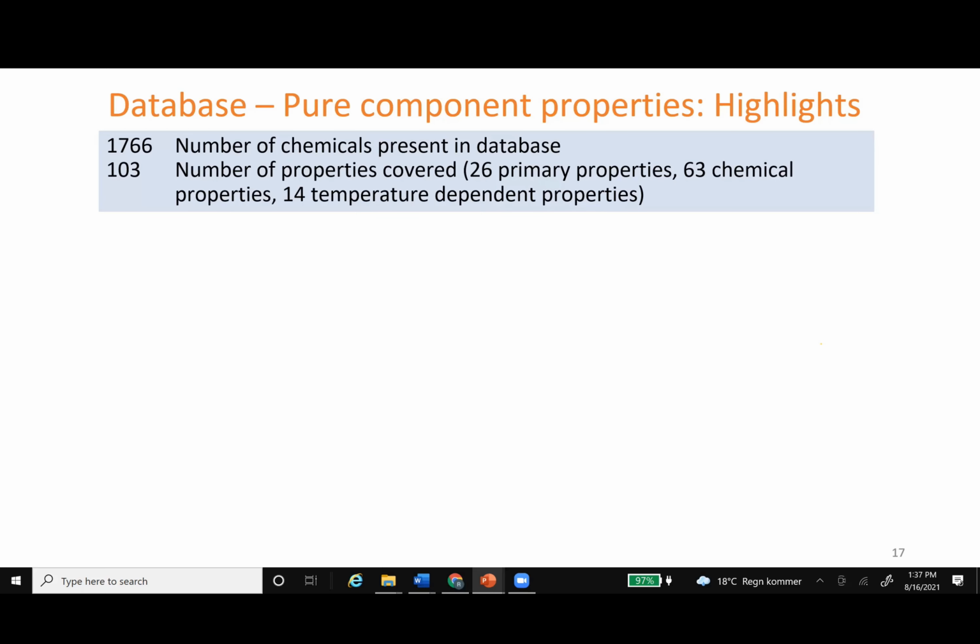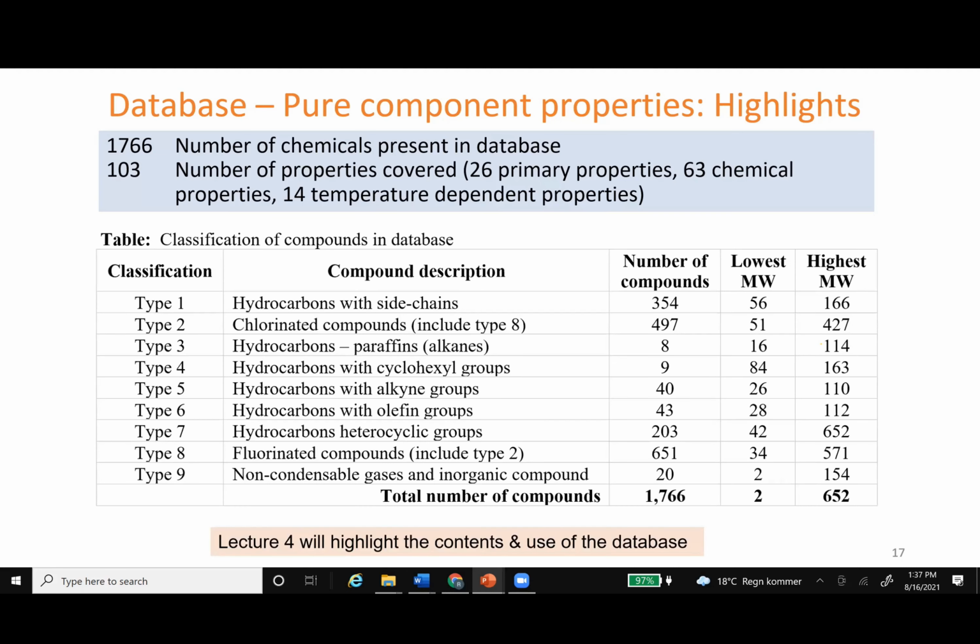And these 1,766 compounds are classified. This will be highlighted in the demonstration in lecture 4. We have hydrocarbons with side chains, chlorinated compounds, paraffins, alkanes, cyclohexyl compounds, alkenes, olefins, heterocyclic, fluorinated compounds, non-condensable gases, and inorganic compounds.